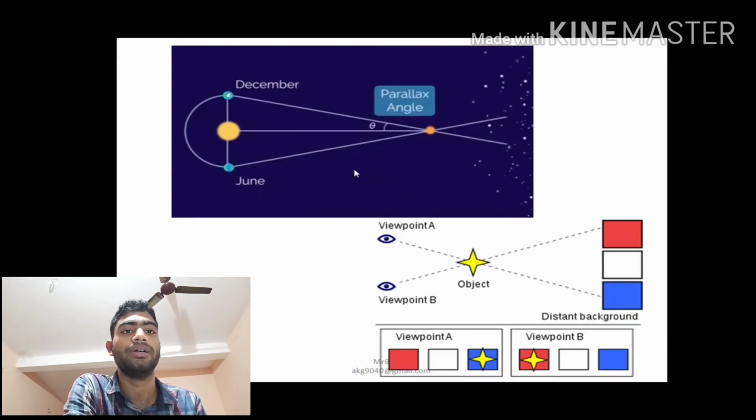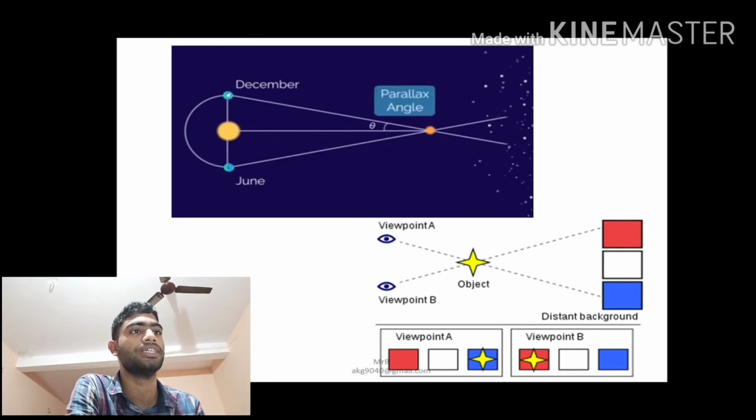And when we look at the far star from two different observation points, that is when the earth is at December and when the earth is at June, we will get two different positions of the star.